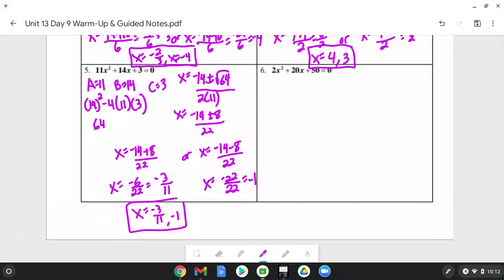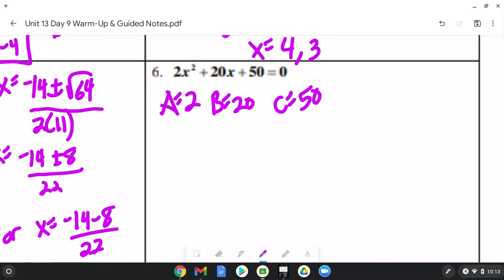And then number 6, the last one that we got. If we label my A, B, and C, let me make sure that this is a 50. Yep, it is. So A is 2, B is 20, C is 50. I do my B squared minus 4AC.